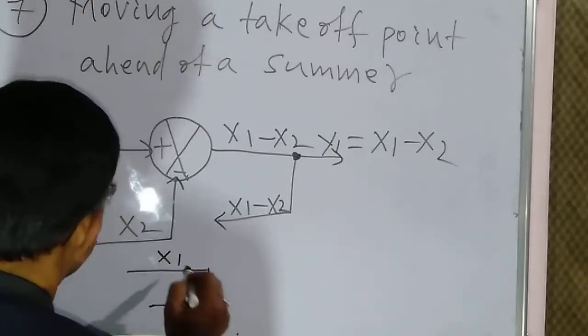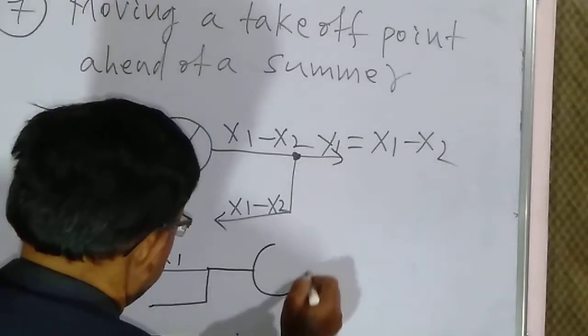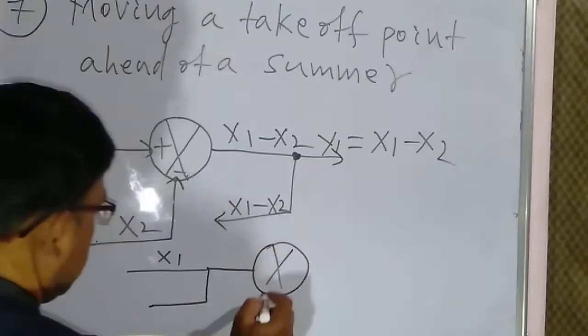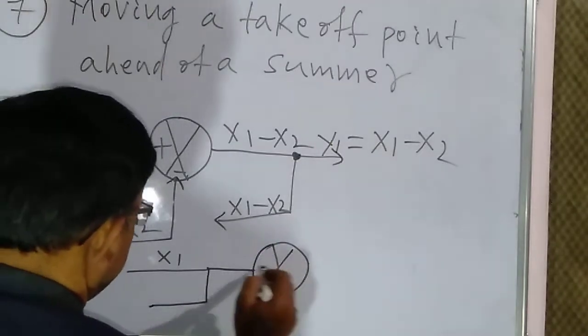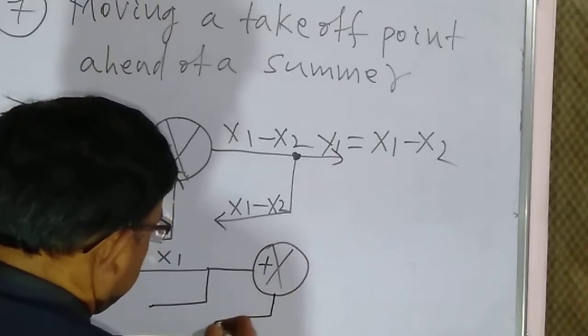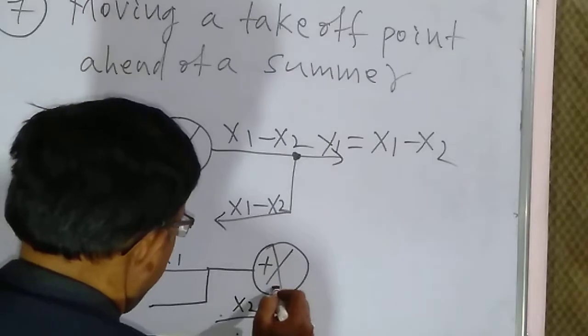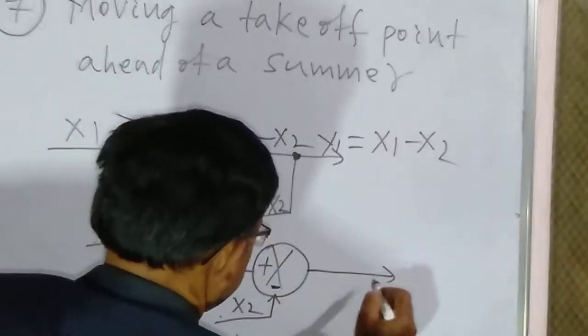So now move this takeoff point to this side. This is your x1 and this is your summing point. This will be plus, and x2 here.